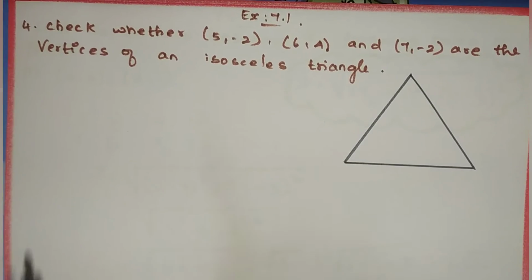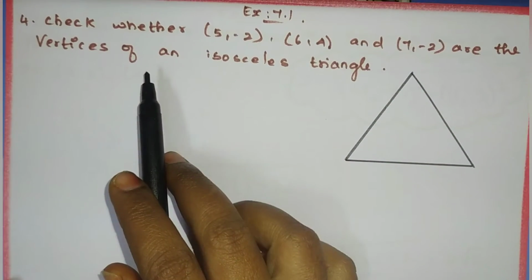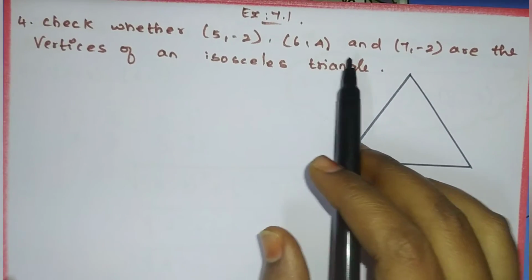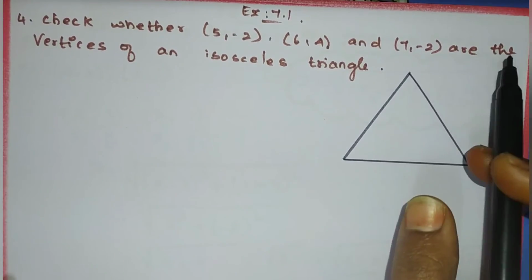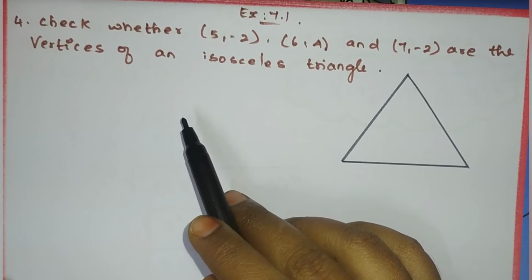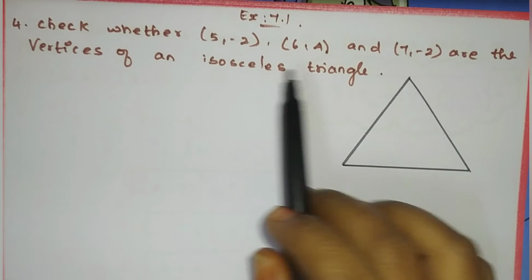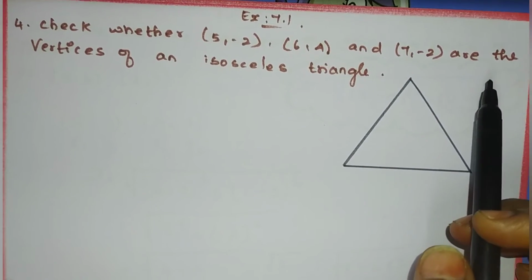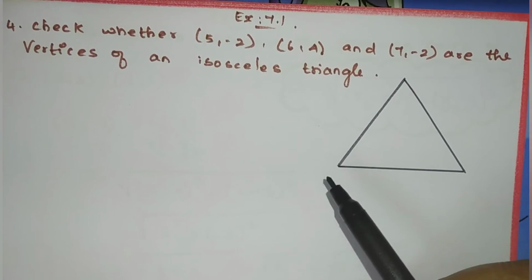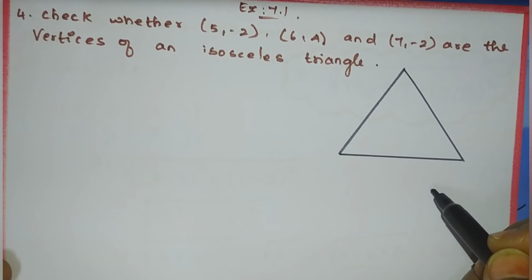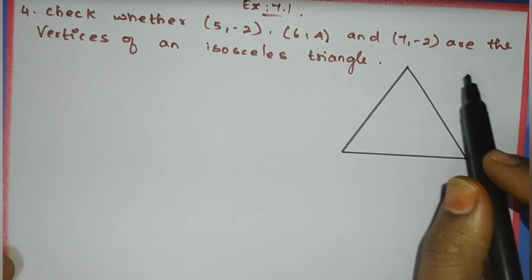Next question, fourth problem. Check whether (5, -2), (6, 4) and (7, -2) are the vertices of an isosceles triangle. You have to check whether the 3 points are the vertices of an isosceles triangle. I have drawn one triangle here; this is not an isosceles triangle, I have just taken one triangle.